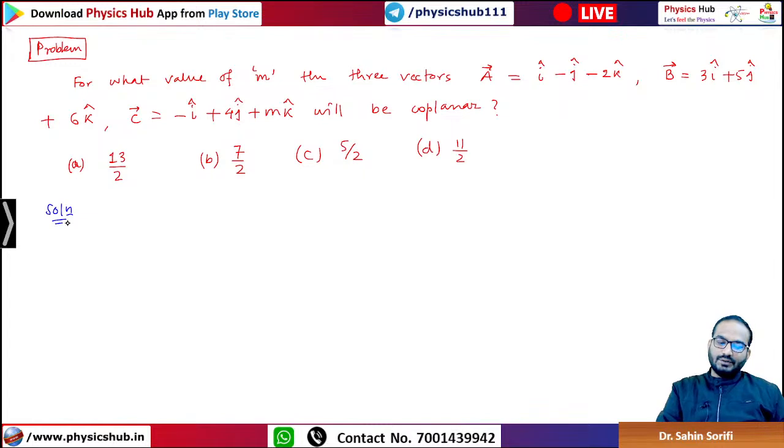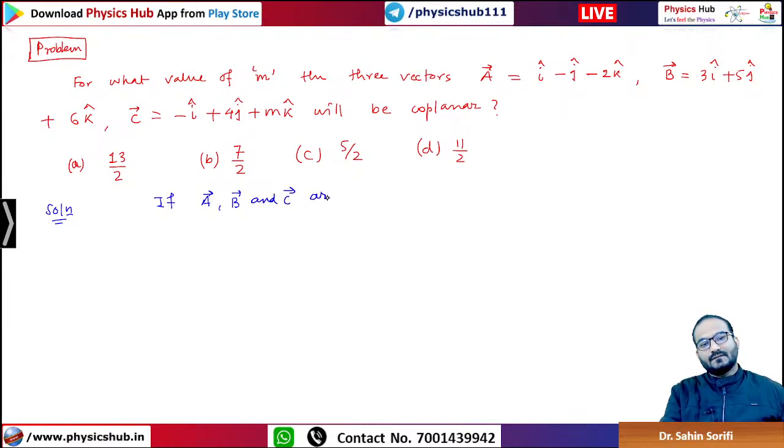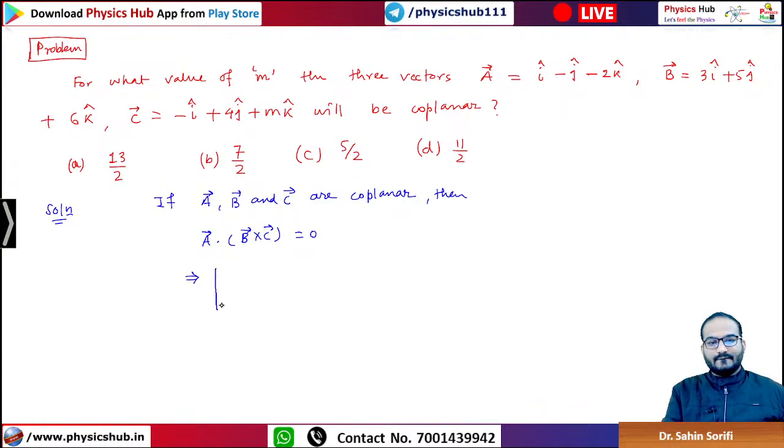We have already given you the condition of coplanarity. If three vectors are coplanar, then their scalar triple product should be 0. So if A, B and C are coplanar, then A dot B cross C equals 0.